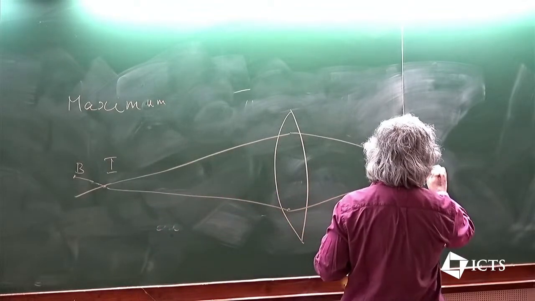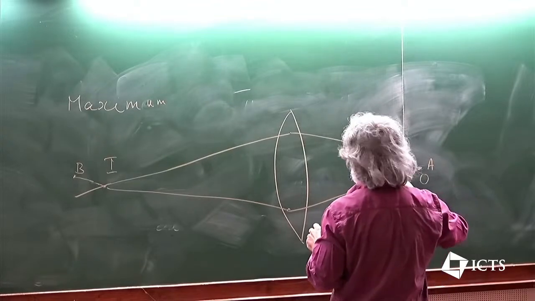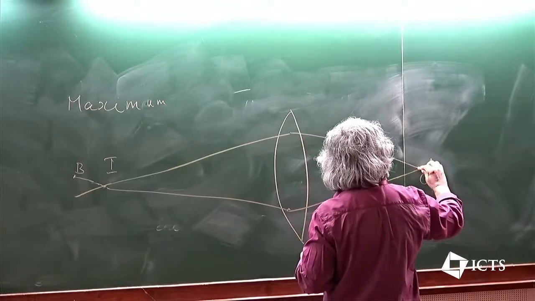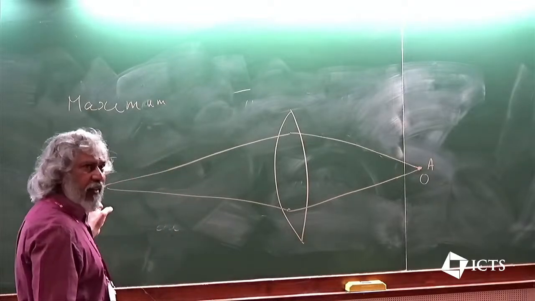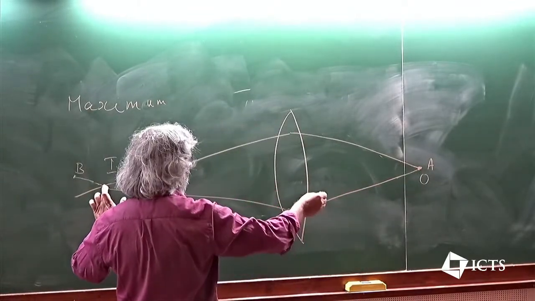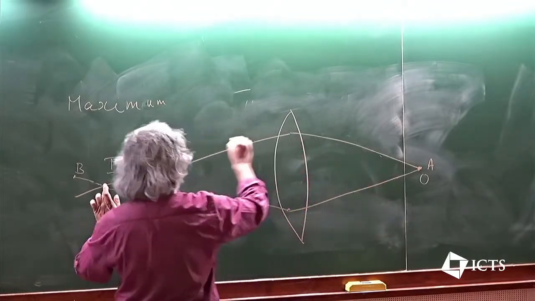The answer is no, because I can go along this path like this. See, these two paths have equal times, right? The time to go from A to I along this path is the same as the time to go along this path.